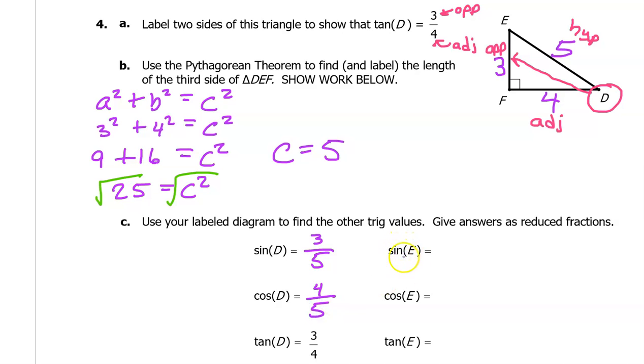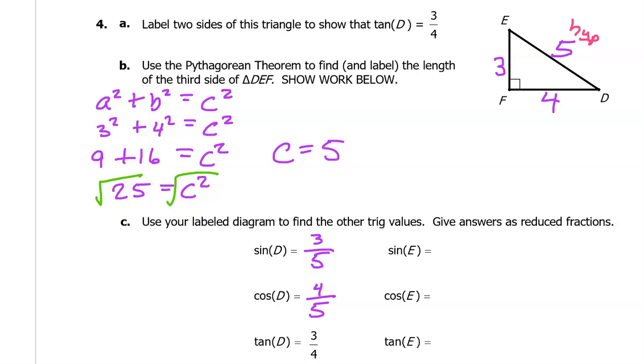Now we have to switch to angle E. The next 3 parts are all about angle E. So I am not going to erase those numbers because I worked very hard to get them. All right, I'm going to leave those numbers in place.